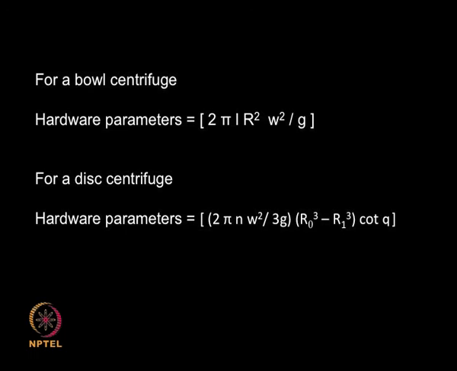So n is the number of discs, and then you have terms like radius of the disc and the angle the discs make with respect to the central axis. But basically these terms relate to the hardware of the disc centrifuge, and this term relates to the hardware of the bowl centrifuge.